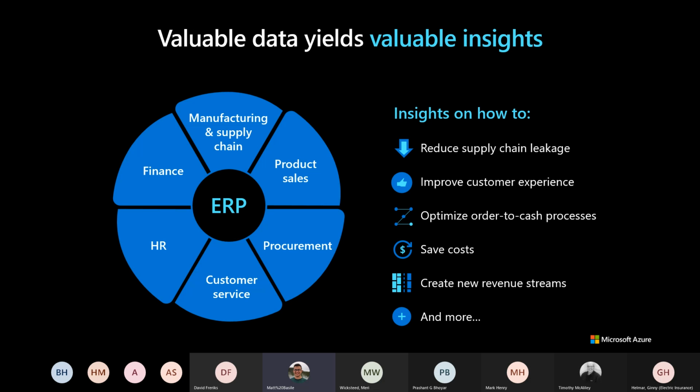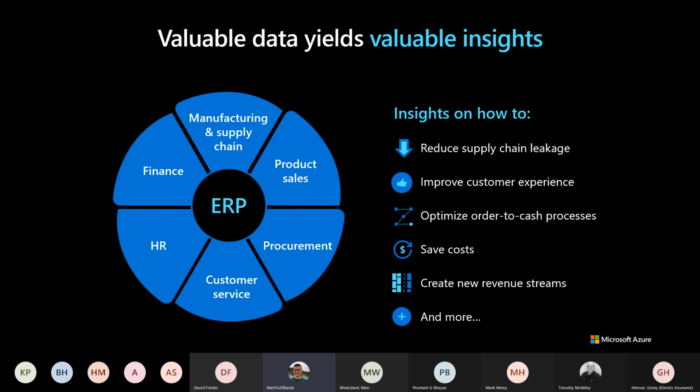And so when you look at the kind of scope that an ERP system can contain, and then look at expanding that beyond into other data sources, it becomes really interesting, because how can you relate your sales data to your customer service data to supply chain data to help find these efficiencies and find these cost savings? And that's just really one of the major strengths of an ERP system.